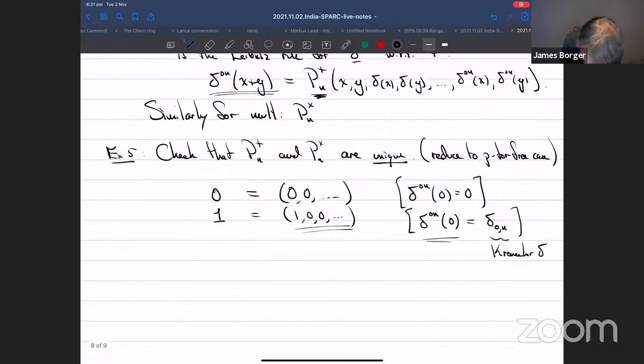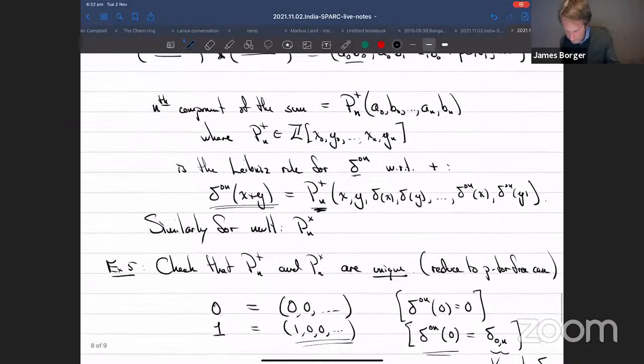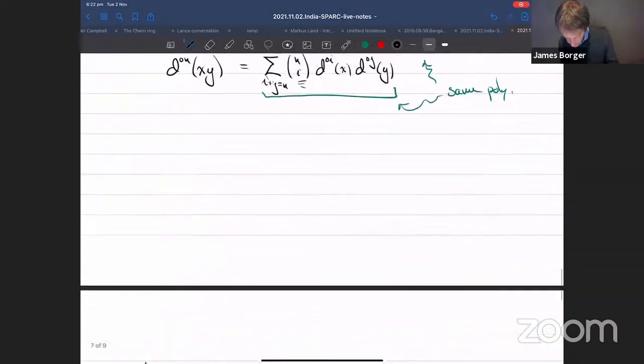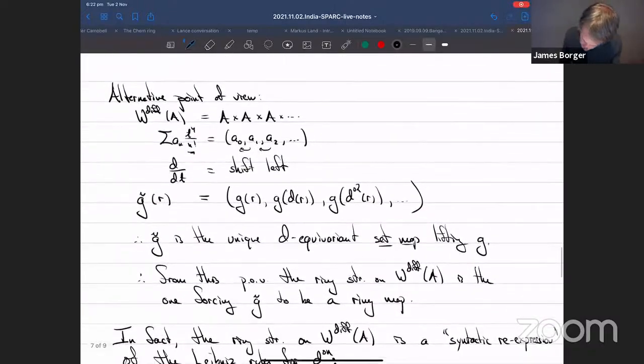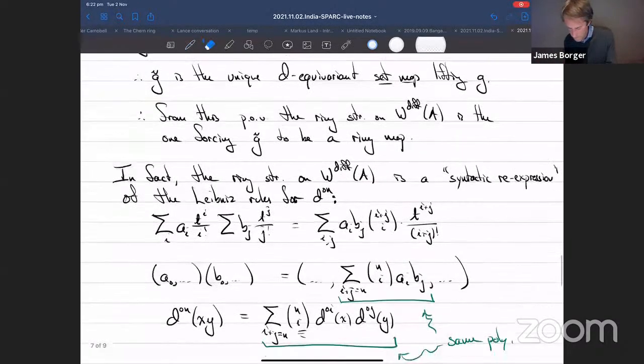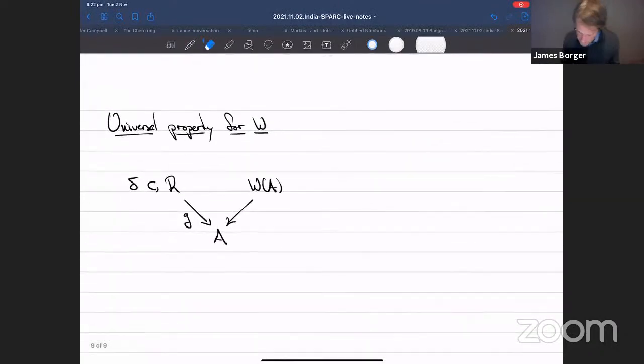So delta is just the shift, just like with the derivative back when we were doing differential Witt vectors up here. Remember, taking the derivative was just shifting the vector of coefficients of the power series. So that's what delta does here too.